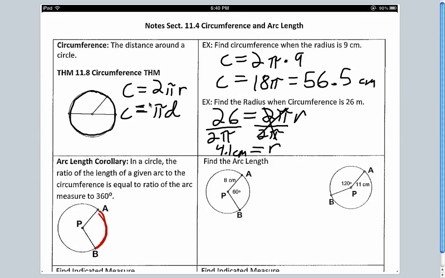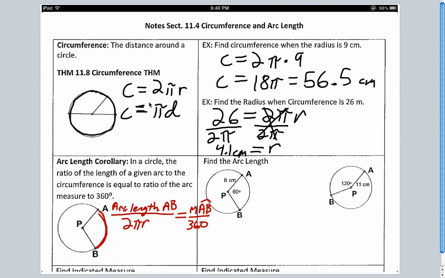So my corollary says arc length of AB over 2 pi r, which is the circumference, equals the measure of arc AB divided by 360.